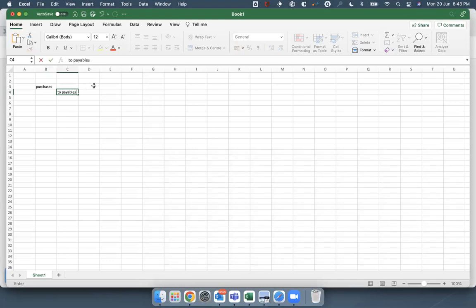Now for calculating the amount, it is given in kromets, 54,000, so you have to convert it into dollars. This is the entry on 1st April: purchases to payables.